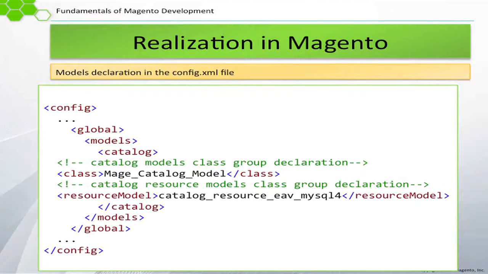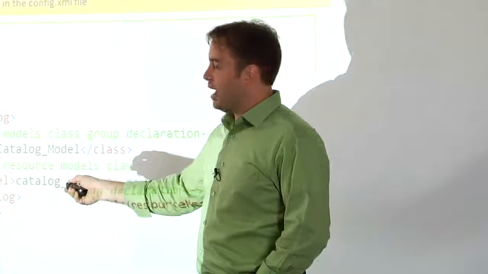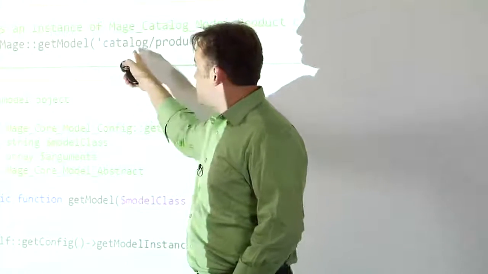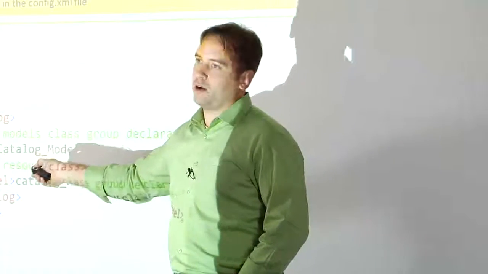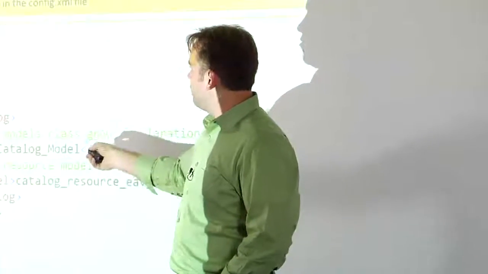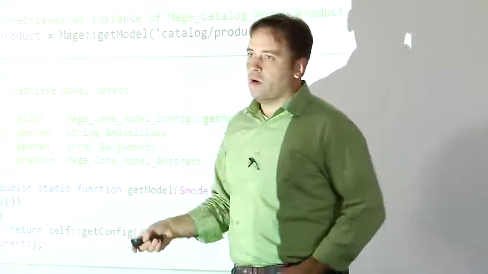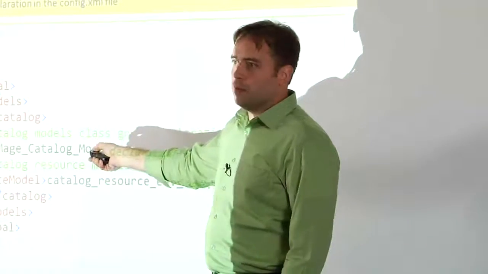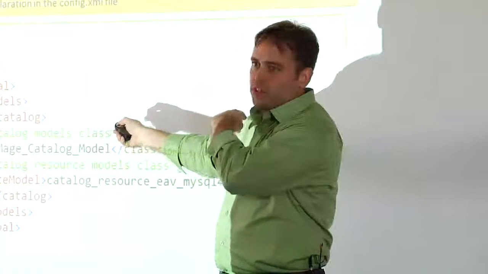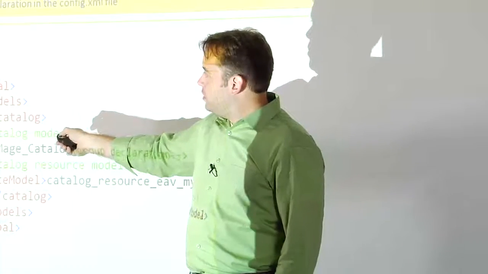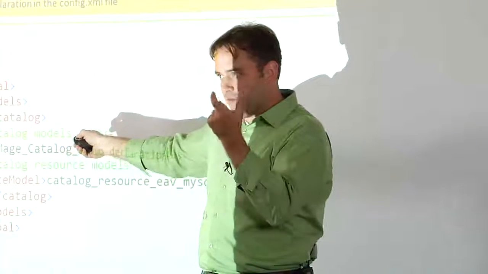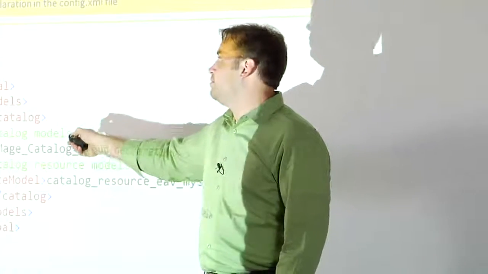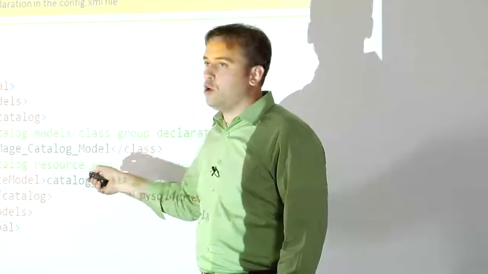So getModel uses the configuration object to look in global, in the models tag, and then tries to match this against something under models. If I had foo here, in that configuration structure that's been assembled, and I say Mage::getModel('foo/whatever'), the application will use the configuration object to look in global models for a node named foo.